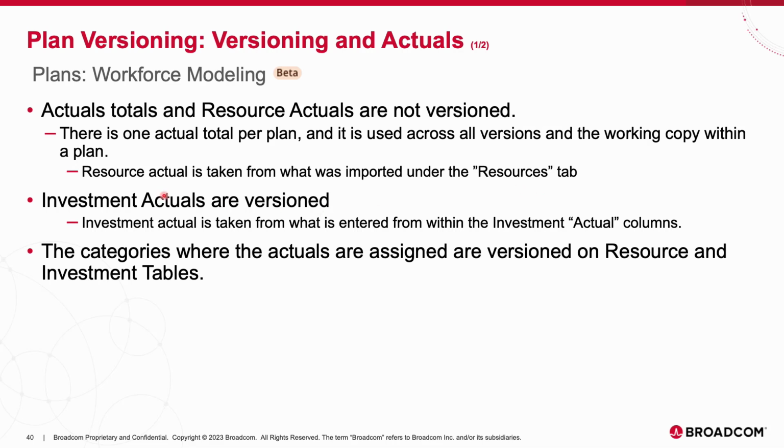On the contrary, the investment actuals are versioned, and they are taken from the values entered within the actual columns in your investment breakdown tables. The categories where the actuals are assigned, the values there, are versioned on both the resource and investment tables.